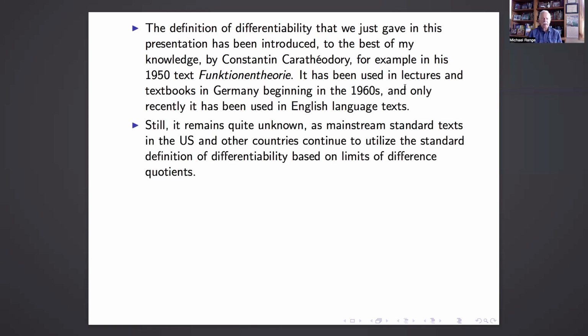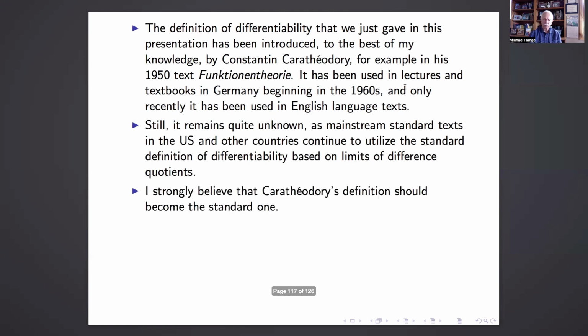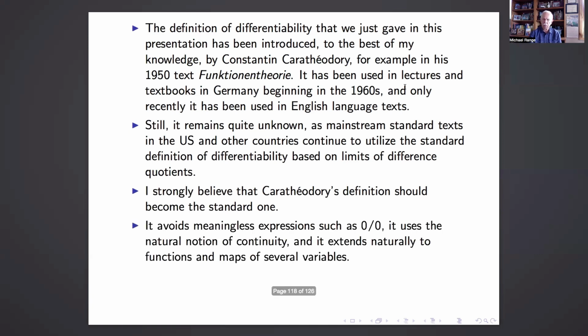Still, it remains quite unknown, as mainstream standard texts in the US and other countries continue to utilize a standard definition of differentiability based on limits of difference quotients. I strongly believe that Carathéodory's definition should become the standard one.